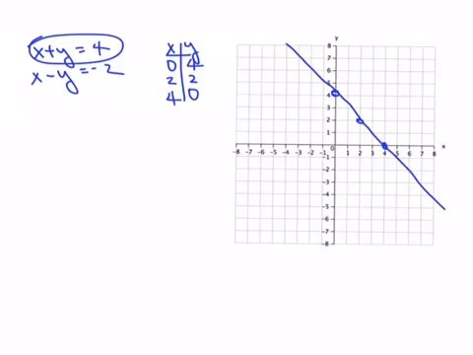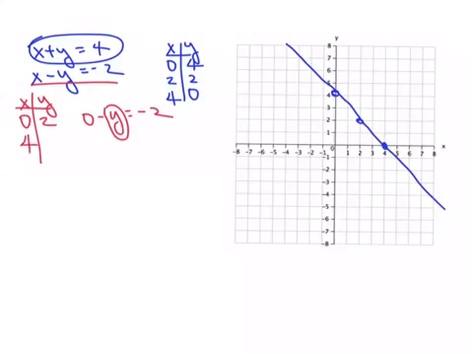Let's do the bottom equation in red. So again, let's put on a graph, and let's say we put in 0 for my x. 0 minus some number equals -2. So it would be 0 minus 2, right? 0 minus 2 is -2. What if I put 4 in here?